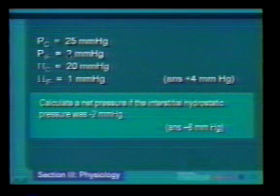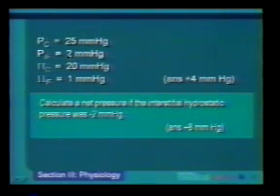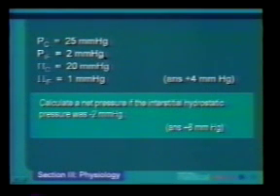And you have to have a method of handling a subatmospheric pressure in the interstitial fluid. Now, there are 2 ways of handling this negative pressure. One way is you just accept the negative pressure and you put the directional sign next to the number as you would if it was positive. The directional sign is a negative sign.